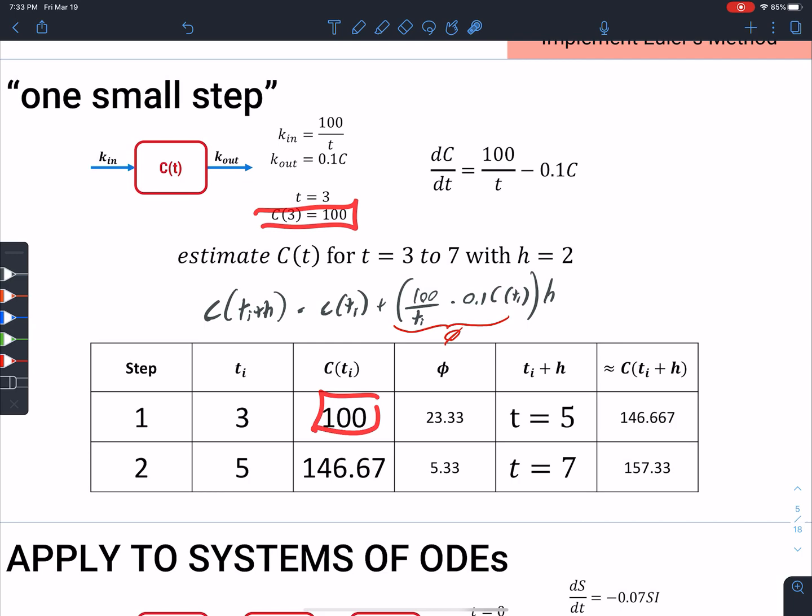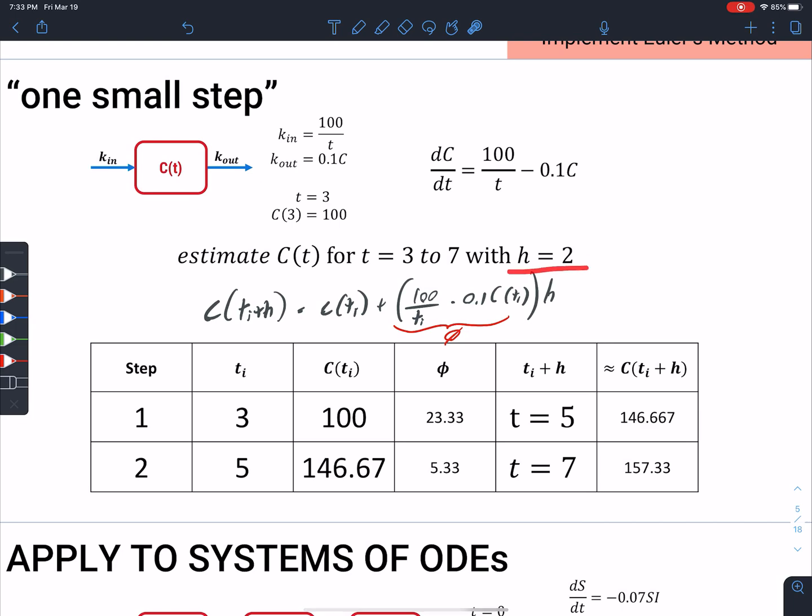With these two things, we can plug them in here. So we plug t equals 3 in here, and c here, to compute the phi that we'll need to compute the next value. So here's phi, we compute that, and in this case it happens to be 23.3.